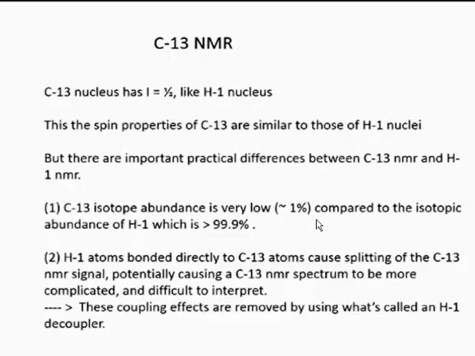So consequently, when one does a C13 NMR spectrum of an organic compound, assuming that one is using the natural abundance of C13, it's much harder to see the C13 signals because there are so few C13 atoms. But modern NMR instruments are so sensitive they actually can see the low abundance of C13 nuclei. When one does a C13 NMR spectrum, numerous repetitive scans are carried out, on the order of 50 or 100.